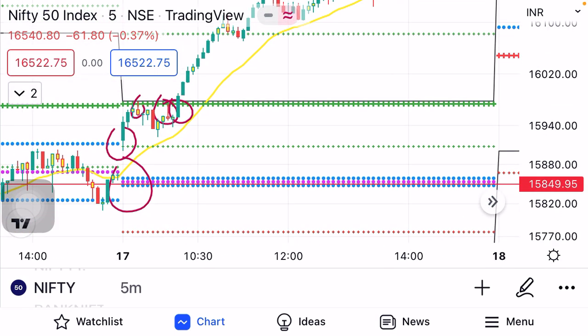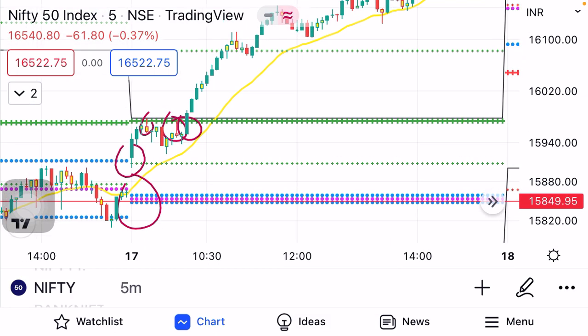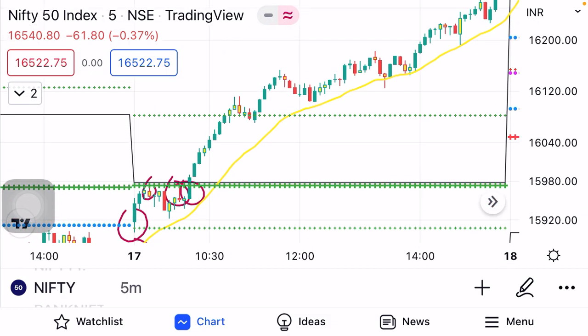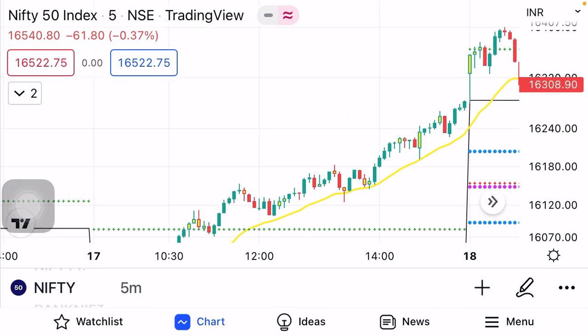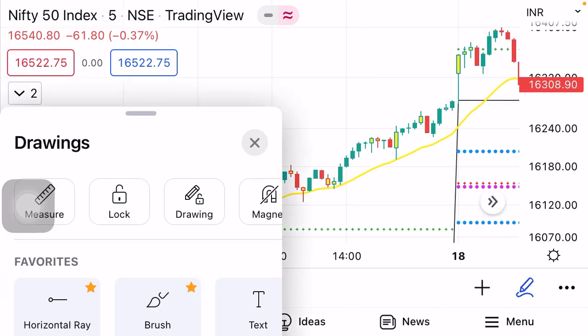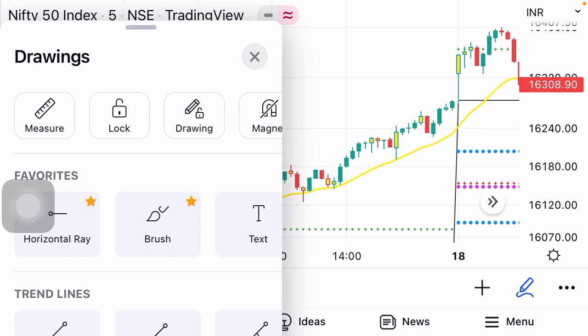See, on 18th, it is Wednesday. Previous day it was very trendy, right? So the market on the next day will be very wide CPR. Though the CPR is in uptrend also, we will not go for a call position since there will be profit booking.